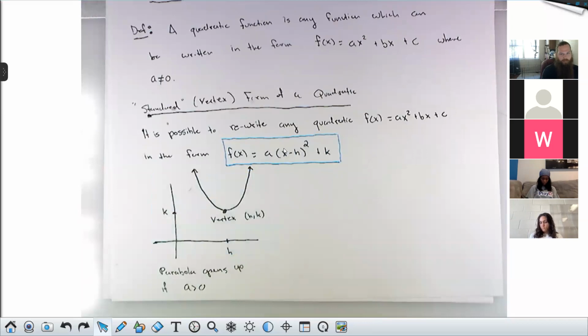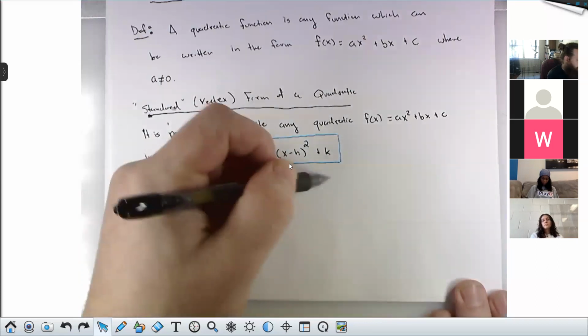You just have to ask yourself, where's my vertex? Well, I've shifted x squared to the right by h units and up by k units, so that vertex went over here and then up here. And then if a is positive, that stays like this, maybe stretched out a little bit, maybe compressed a little bit, but still the same basic shape, still opening up.